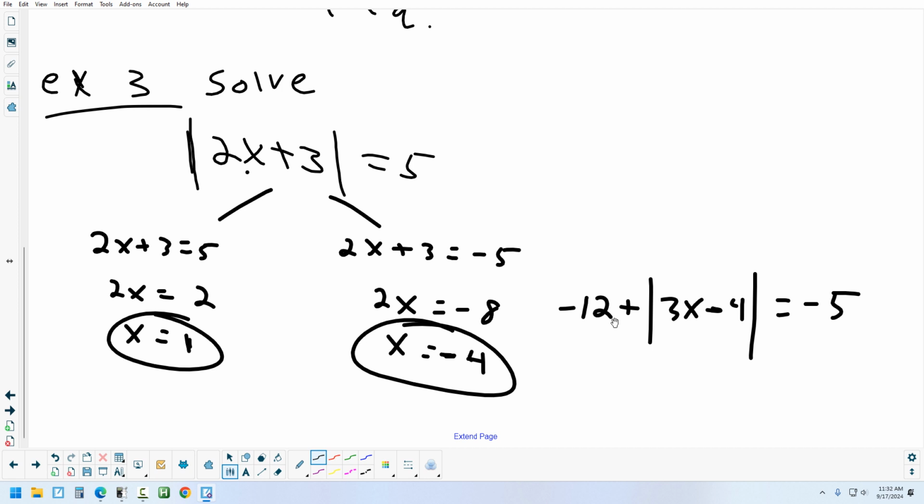Because when you add the 12 to both sides, cancel it out and it's positive. Right. When you add the 12 to both sides to get that absolute value alone, you're going to end up with a positive 7 on that side. So in this case, when you isolate it, it becomes positive. And then you can solve from there. Any question on that?